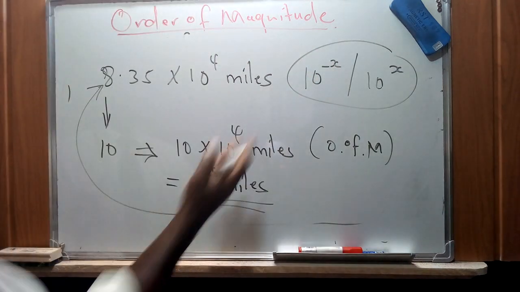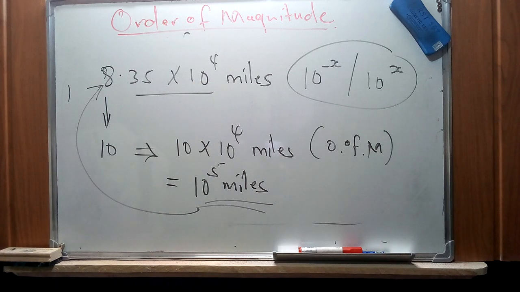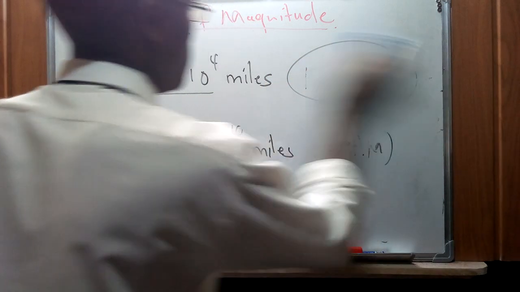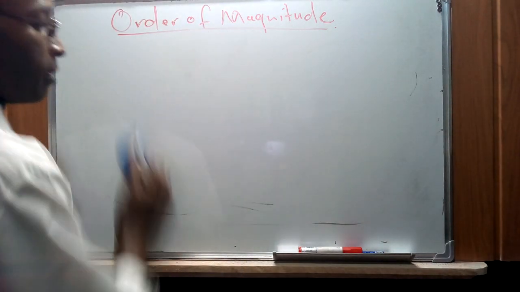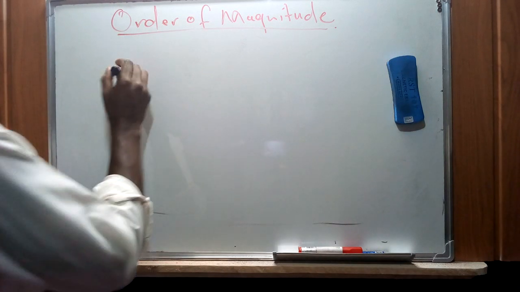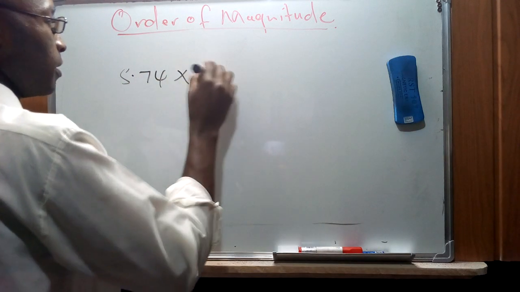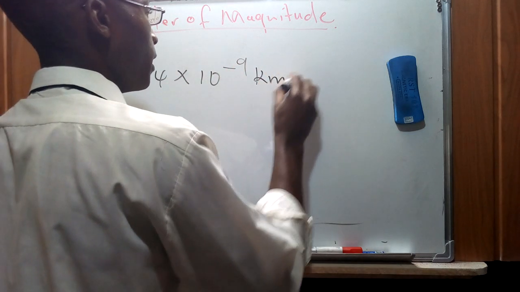This particular concept applies to both of them, so long as we're expressing them in orders of magnitude. Suppose we had a number which has a negative exponent. Let's look at an example. Suppose we have a number like 5.74 times 10 negative 9 kilometers.